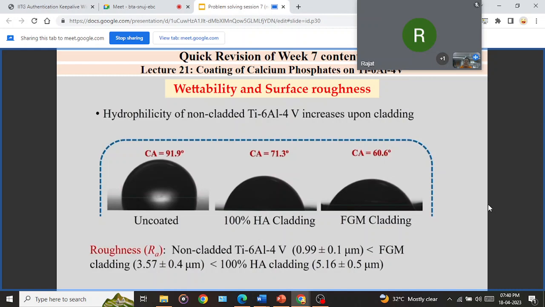So you can see that the contact angle gradually decreases with these surface modifications. The roughness factor Ra in the case of non-cladded titania is 0.99, which is lesser. In the case of FGM it is 3.57, and in the case of HA cladding it is 5.16. So as the modification changes, the surface roughness increases.